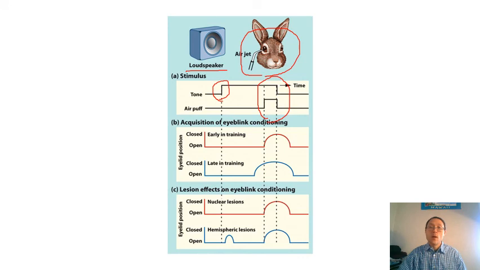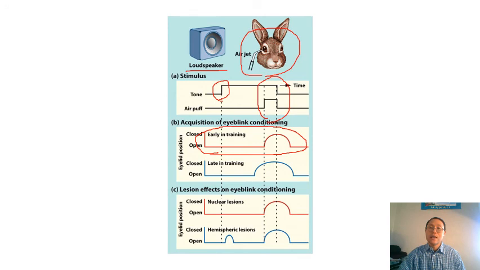Okay, now what you see is that early on in training, the air puff causes the animal to blink, right? So the air puff causes the animal to blink. This is what you see in the beginning. But what happens in the late conditioning training?